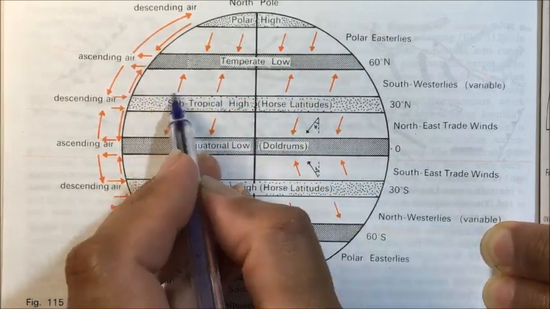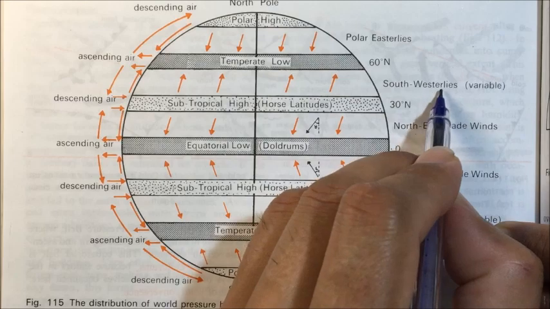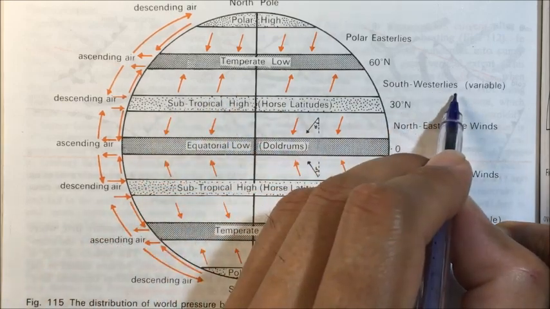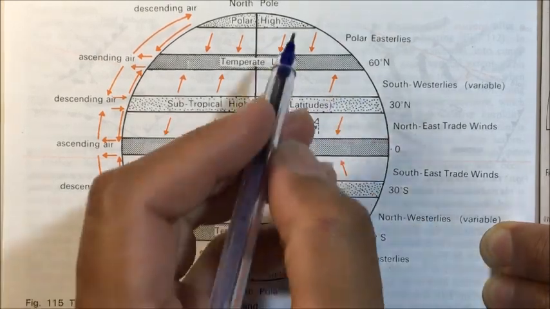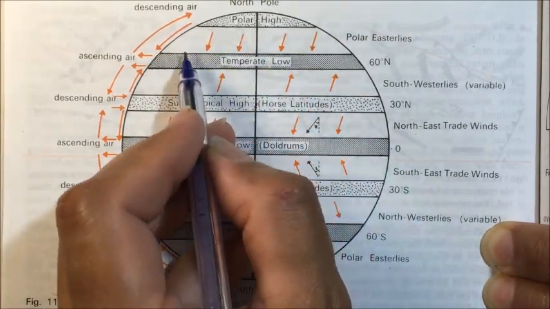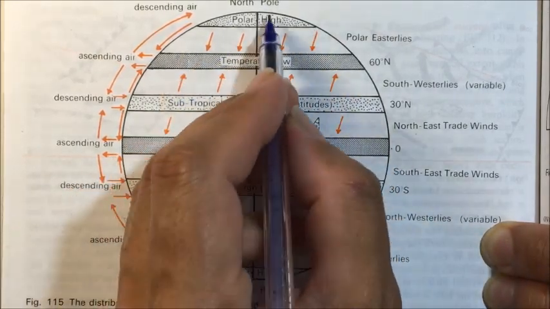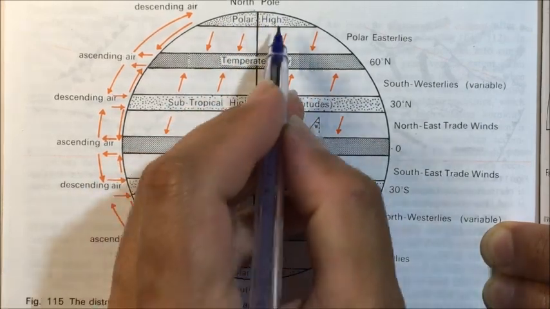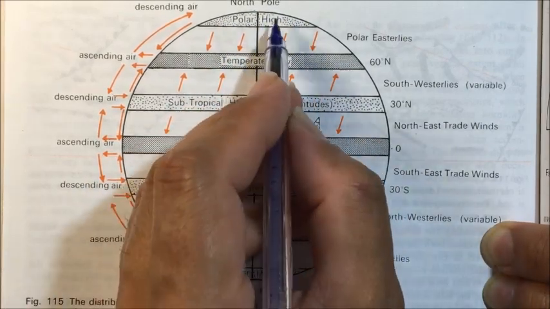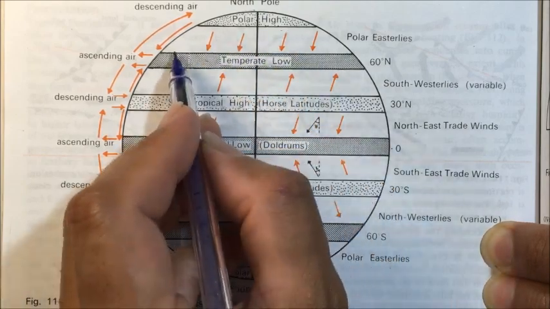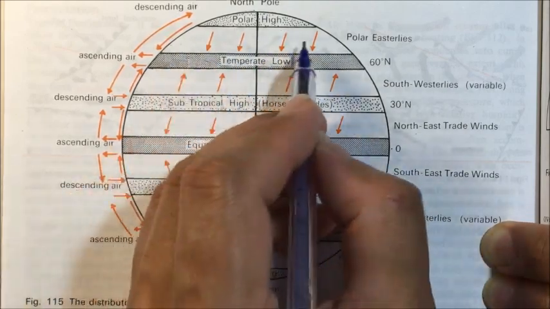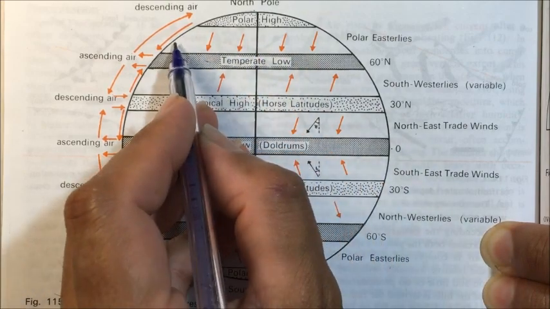They seem to flow from west, so we term them southwesterlies, the westerlies. And here we have polar easterlies, polar high at the pole. So from the pole, the winds are moving towards the temperate low and they get deflected towards right. So they seem to flow from east, and that's why they are termed as easterlies.